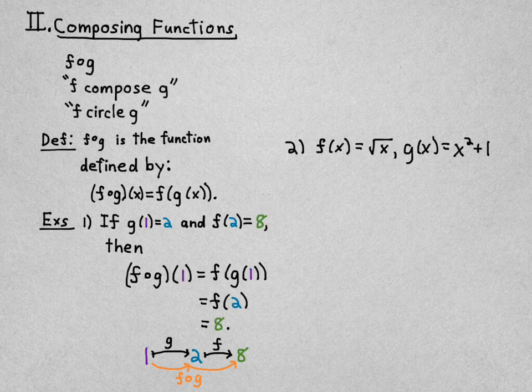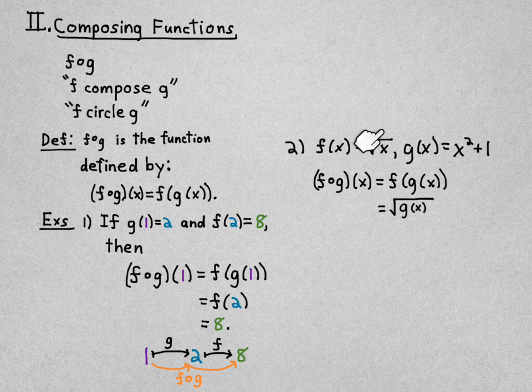So let's try an example. f of x equals square root of x, and g of x equals x squared plus 1. And we're going to compose these. So (f compose g) of x equals f of g of x, which is the square root of x. The f function is the square root function. So I'm just taking this x and replacing it.